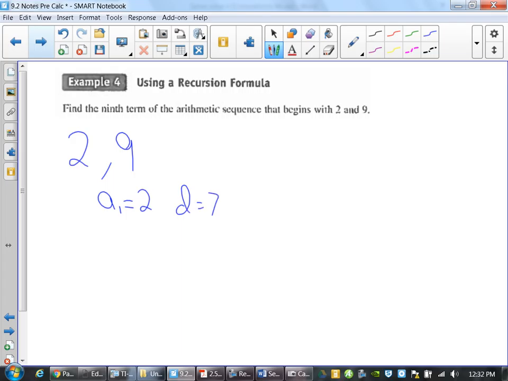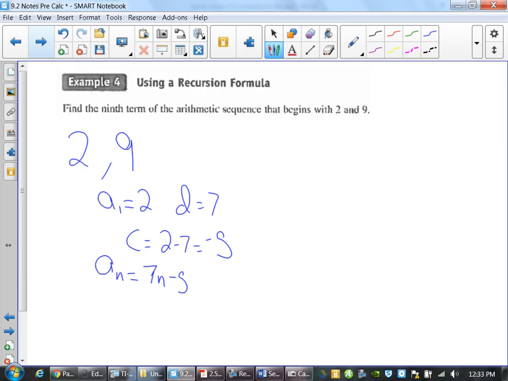Isn't that enough to write out the equation? So what's your C value? It'd be 2 minus 7, so it would be -5. So the equation would have been, your nth term would have been 7n minus 5.